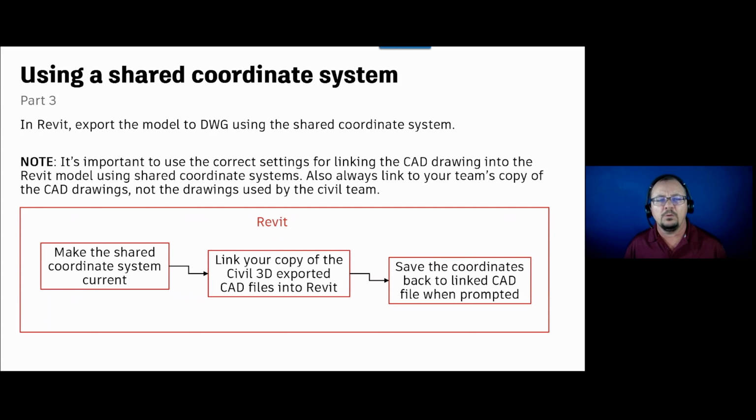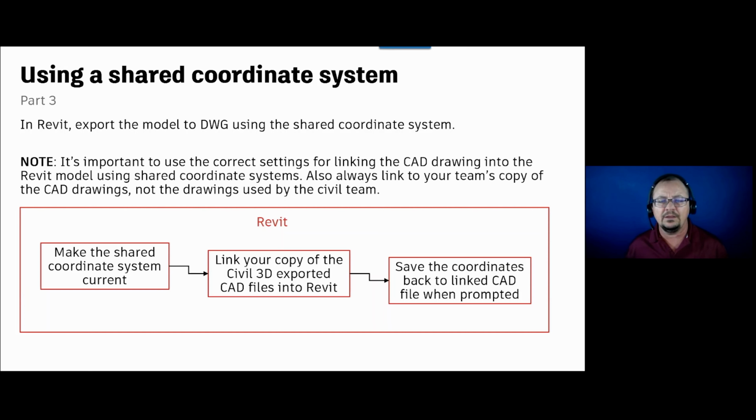And then part 3, we're going to go back into Revit, and we're going to make sure the shared coordinate system is current. And then we're going to link those exported files from Civil 3D into our Revit model. But note that I recommend you link your copy of the Civil 3D exported file.